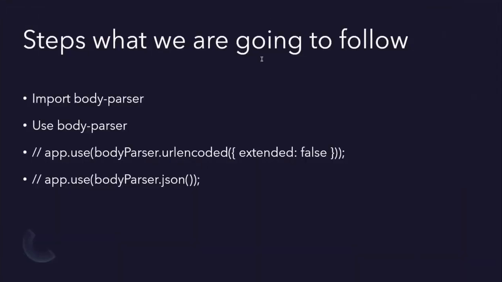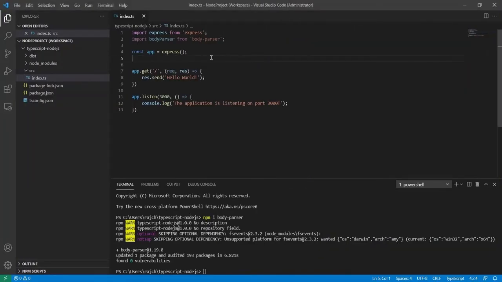To use it, you can see there are two ways. The first way is to use it as URL encoded, and the second way is with the help of JSON.